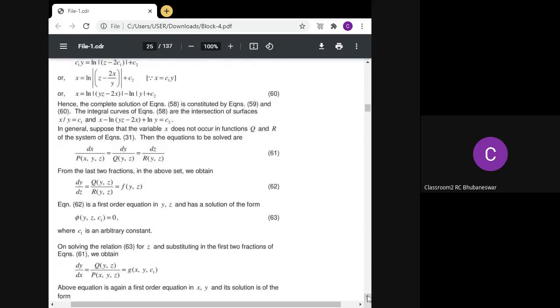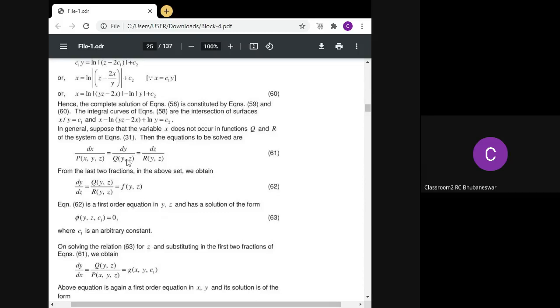The same process is now discussed in general. Here the system of differential equations is dx by p, dy by q, and dz by r. The condition is that suppose the last two fractions do not have the variable x.